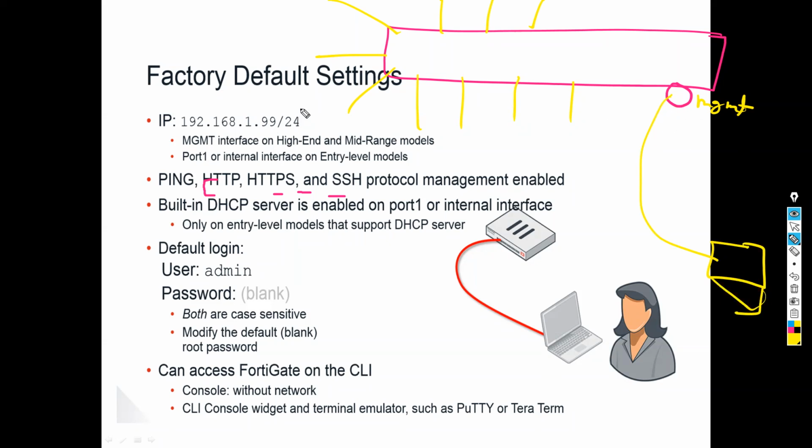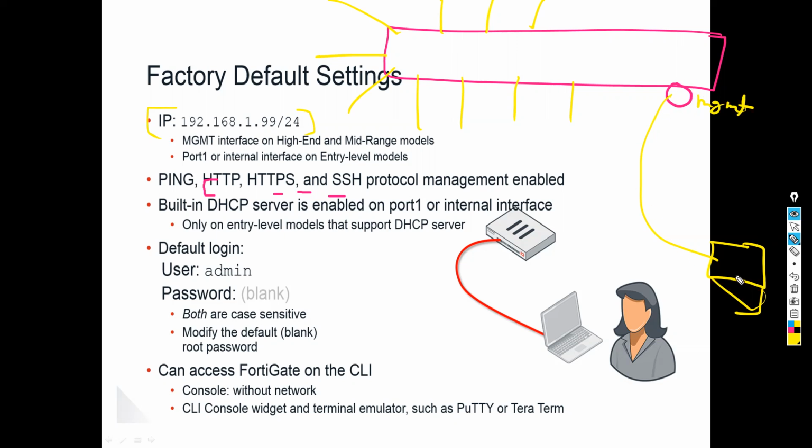By default, we have the IP address 192.168.1.99. If you don't have it, no problem, you can configure it. I can show you how to configure an IP address on a port. So here we have the management port.